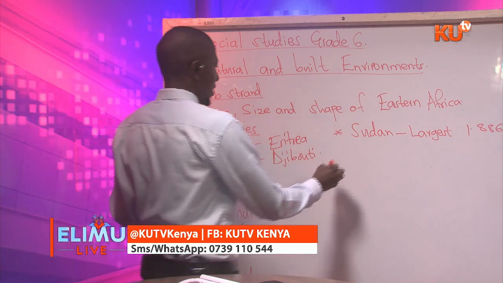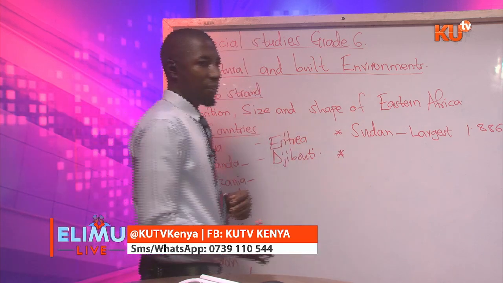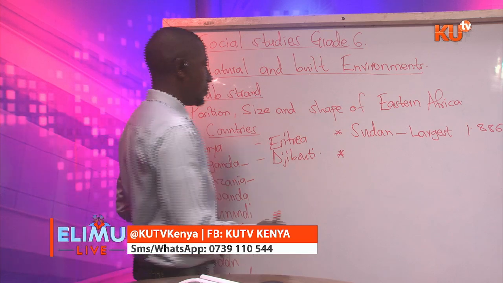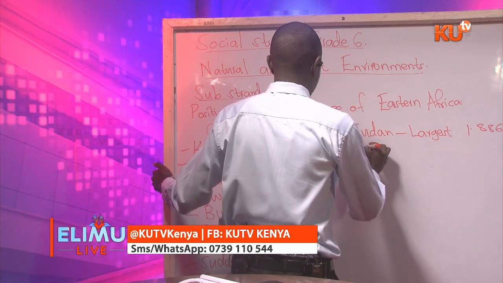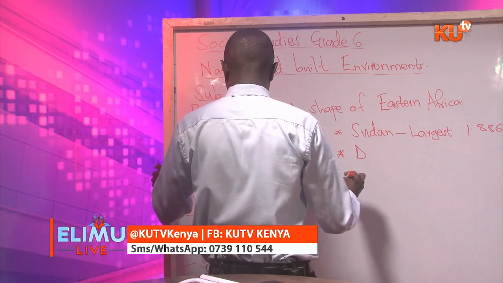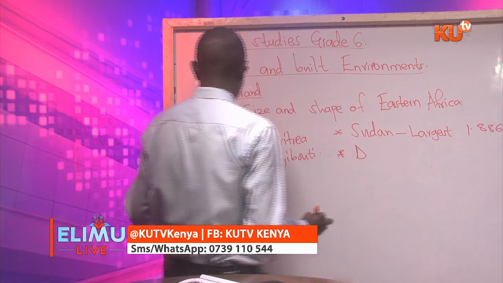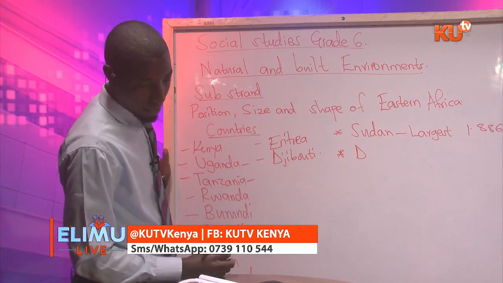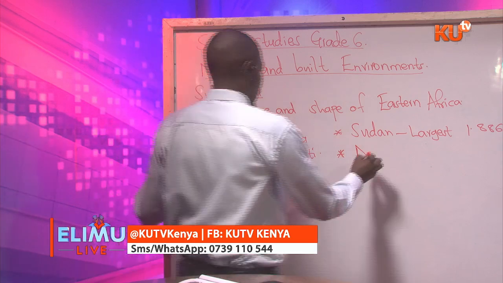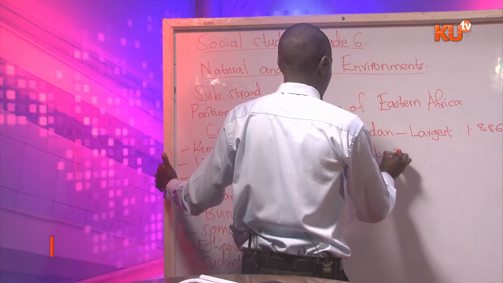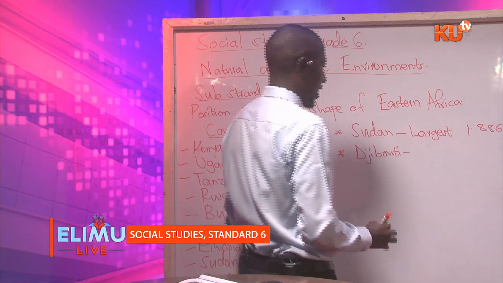Then the smallest country in Eastern Africa is Djibouti, a country that is to the northern side of Eastern Africa. Djibouti is very small. It is actually the size of a county here in Kenya.